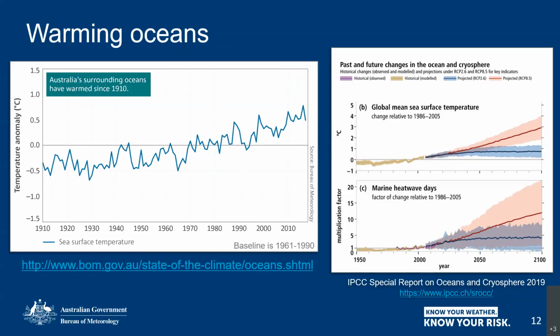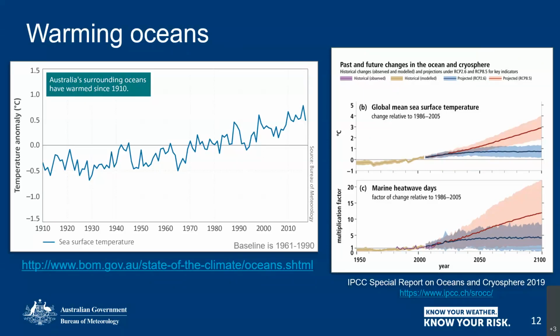It's showing an increase in global mean sea surface temperature, the average sea surface temperature around the world. And it's increasing under both the low emissions and high emissions scenarios, and also marine heat wave days. I guess the top panel is showing the baseline, so our background temperature is warming, and the marine heat wave days are our extreme temperature events.